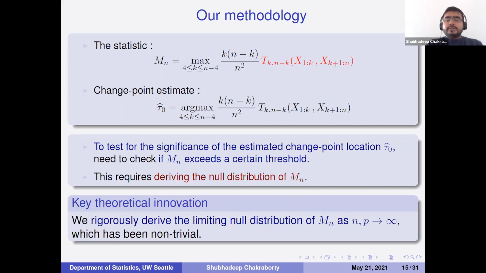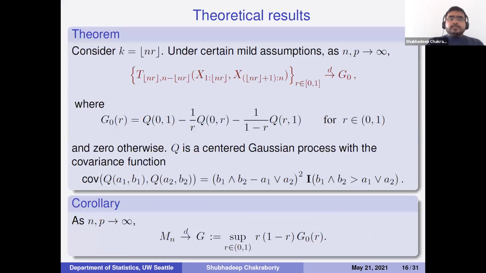It has been non-trivial because in order to establish a weak convergence result for M_n, one needs to first establish a uniform weak convergence result for these T, which requires finite dimensional convergence and stochastic equicontinuity. So let's consider K to be the greatest integer less than nr, where r is some fraction.